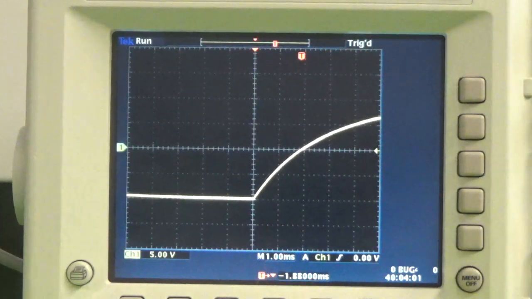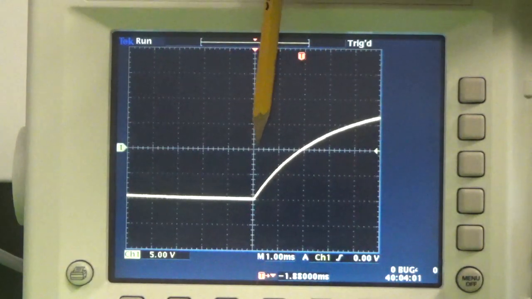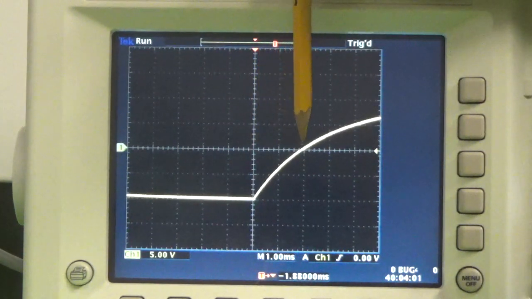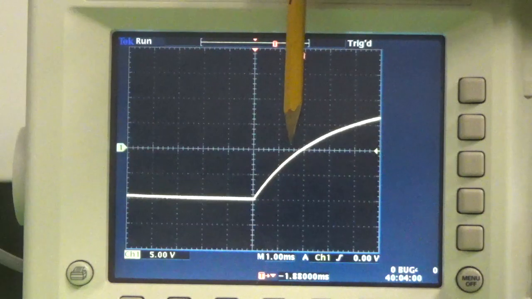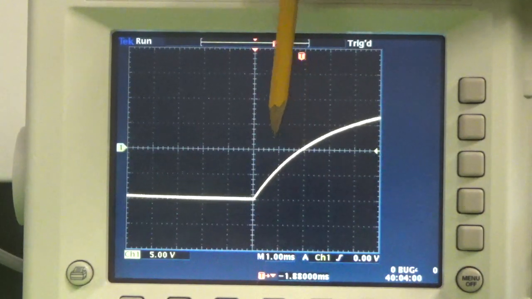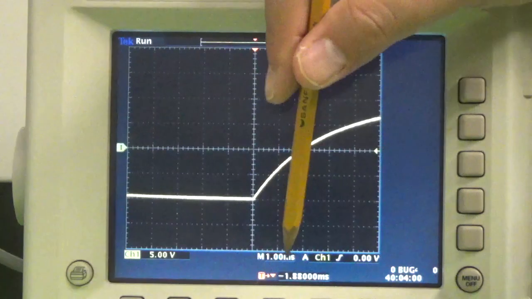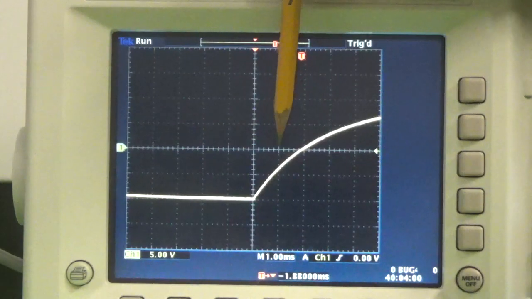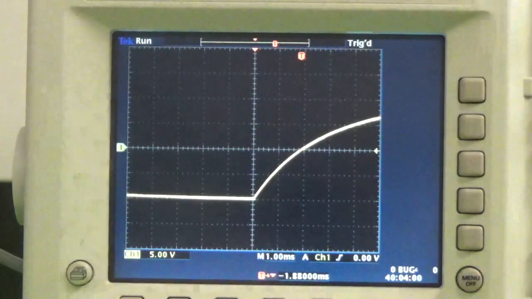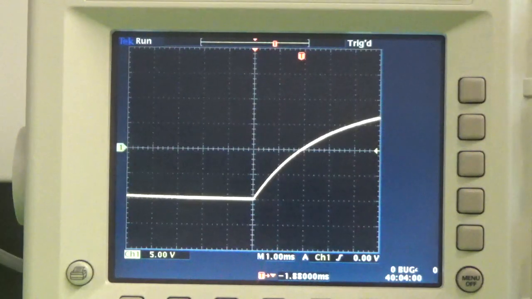Yeah, so what we have here is 1 square. We always need to come here to the 0 voltage and then count along the time axis. So we have 1 square and then 1, 2, 3, 4, 5, 6, 7, 8, so we have 1.8 times 1 millisecond right here. So t half is equal to 1.8 milliseconds.